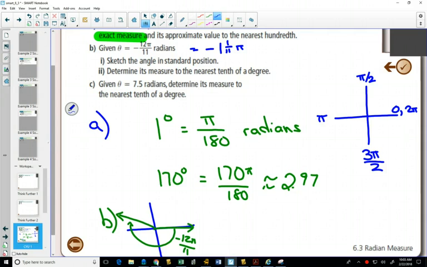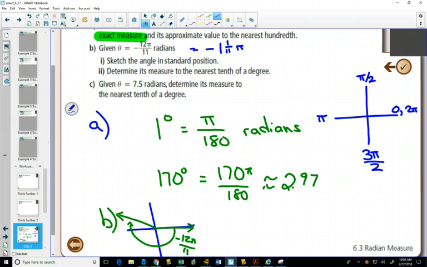So I need to go more than 1 pi and just an 11th more. So when I drew my diagram, halfway would be pi. And then I needed to go another 11th more. Maybe mine is a little bit big. If you imagine from here to here divided into 11 equal sections, you just need to go 1/11th more.